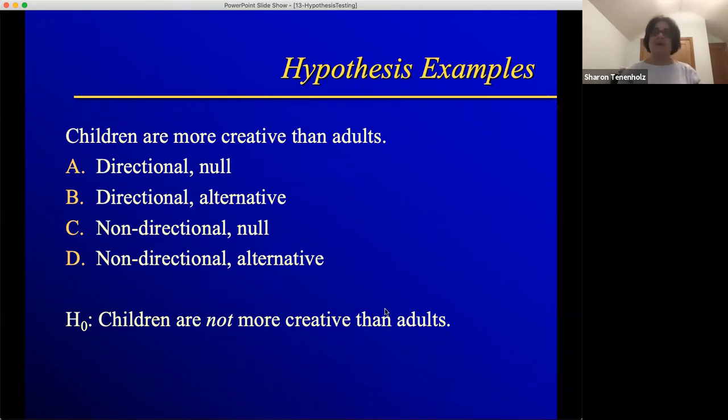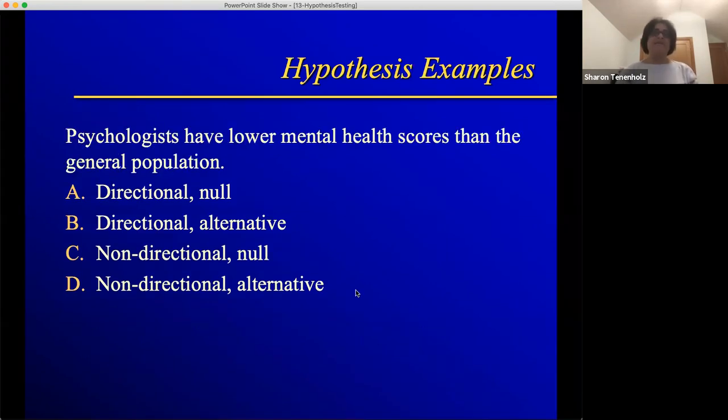Okay, let's do the next one. Psychologists have lower mental health scores than the general population. What is this one? I'm not going to leave this open for quite as long, so ring in your response.